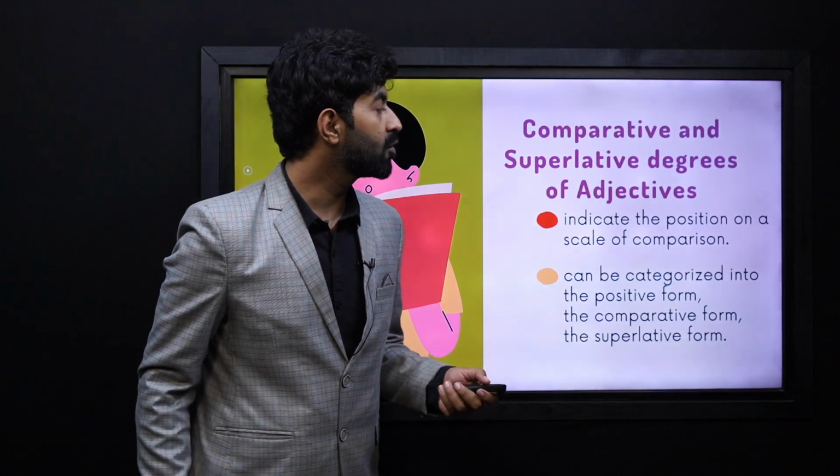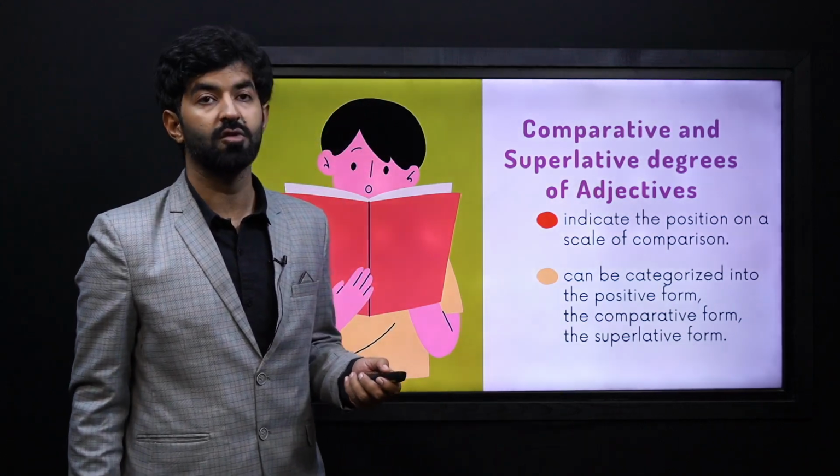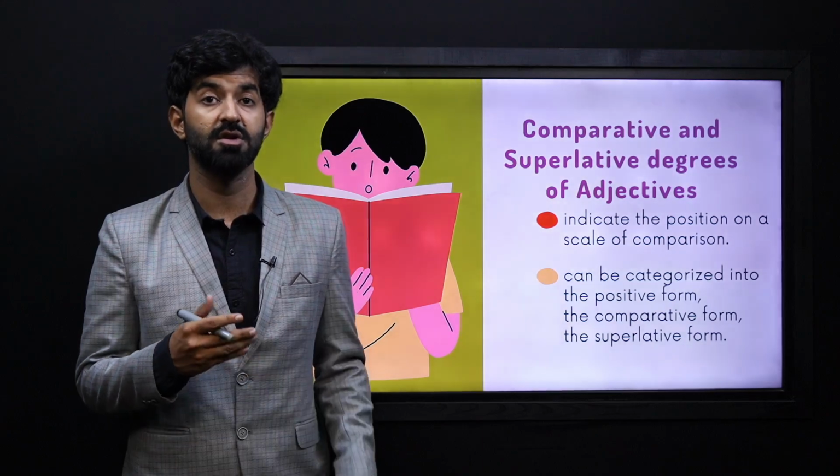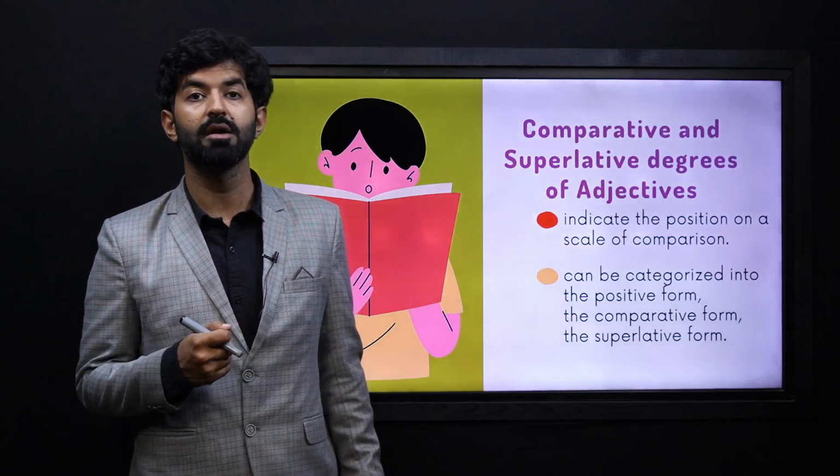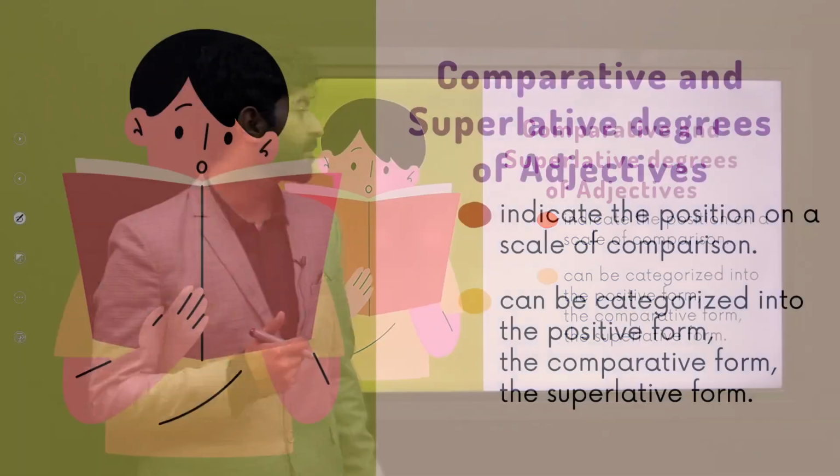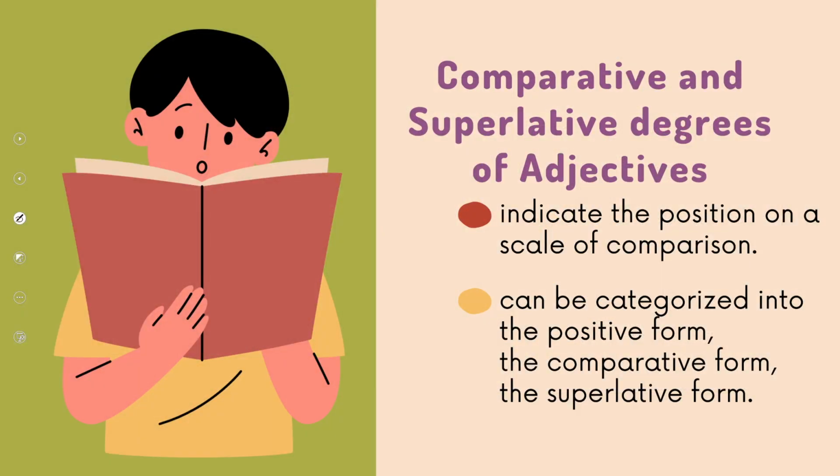Now let's talk about comparative and superlative degrees of adjectives, as mentioned in our student learning outcomes, that we will be looking at degrees of adjectives. Now, adjectives indicate the position on a scale of comparison.